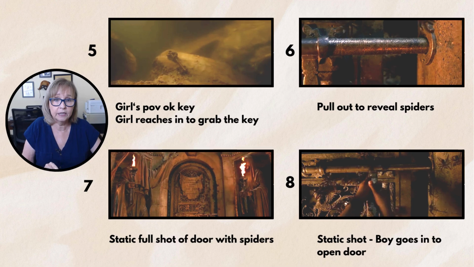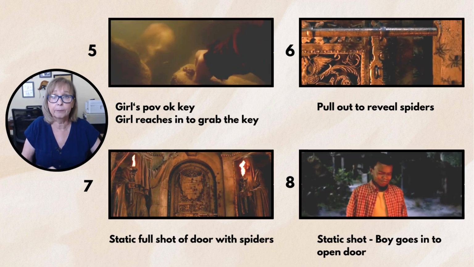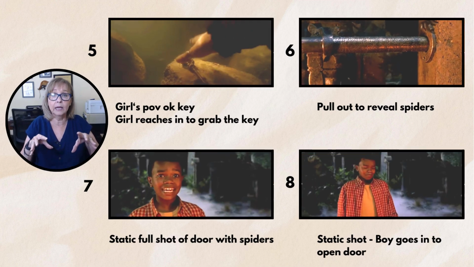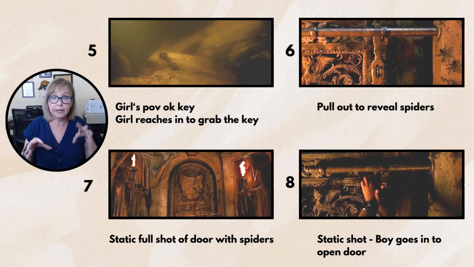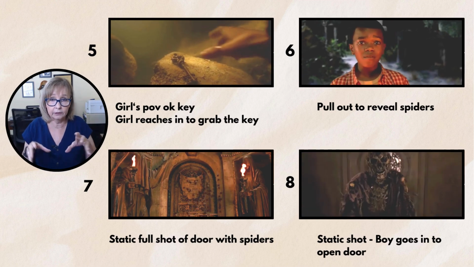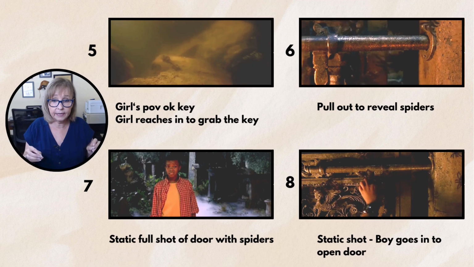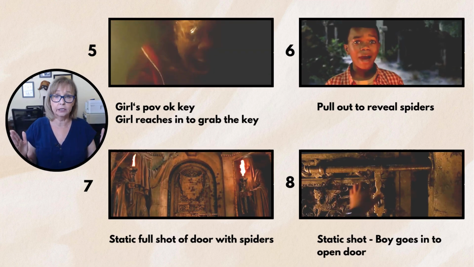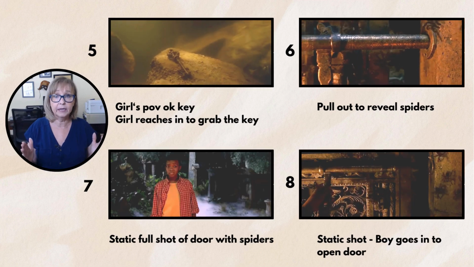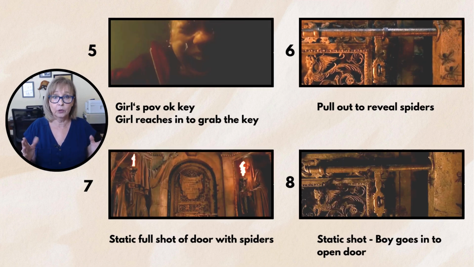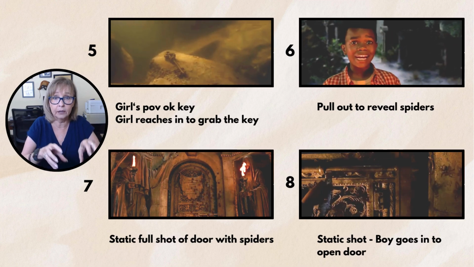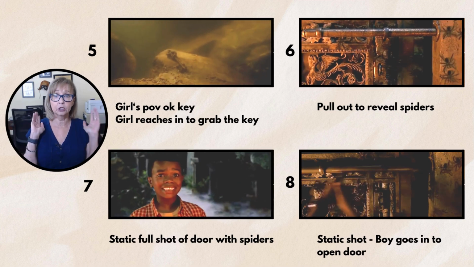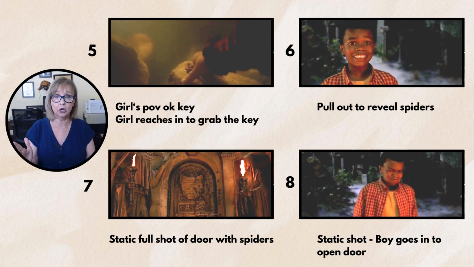So the first one, number 6, would be the close up of the doorknob, and then we pull out to reveal the spiders coming out of the door. And then number 7 is a static full shot of the door with the spiders. Okay, so we got one shot of a pull out of the spiders, and then he's standing there. Now it's just a full static shot of the door.